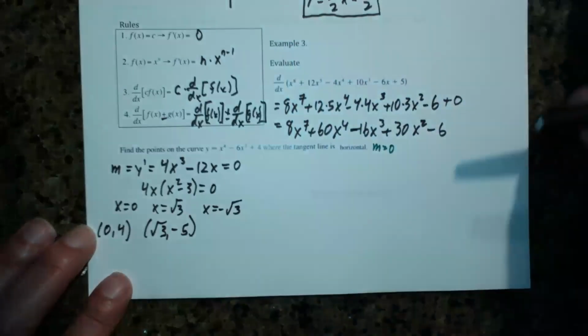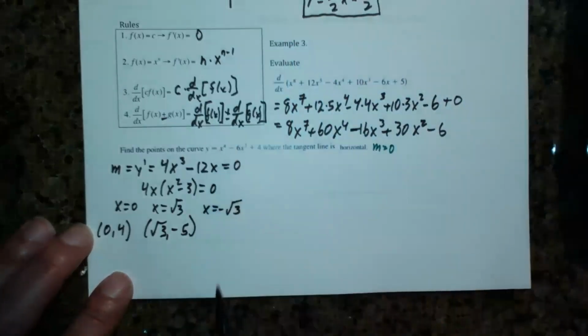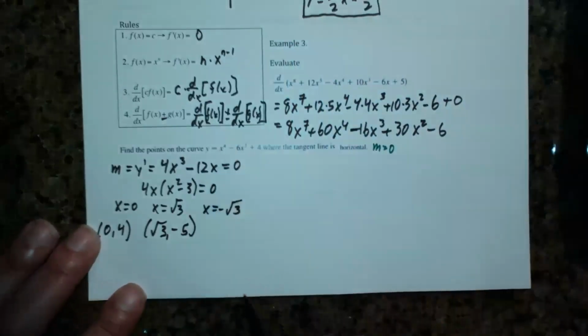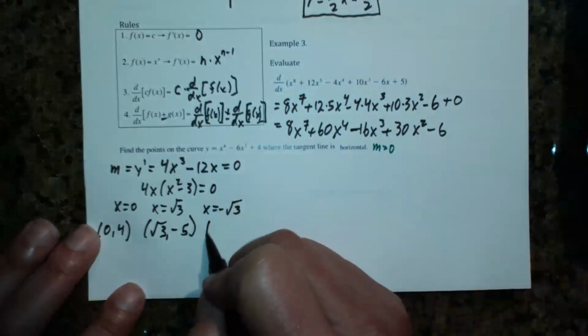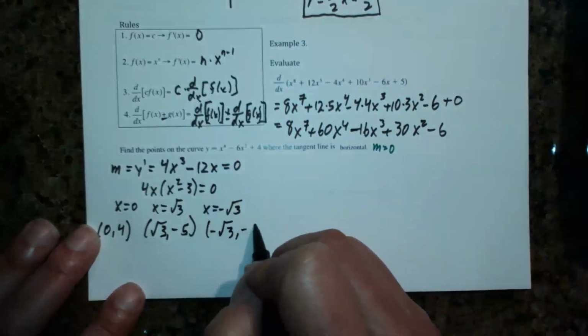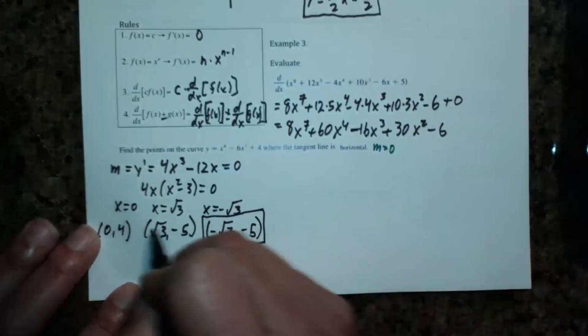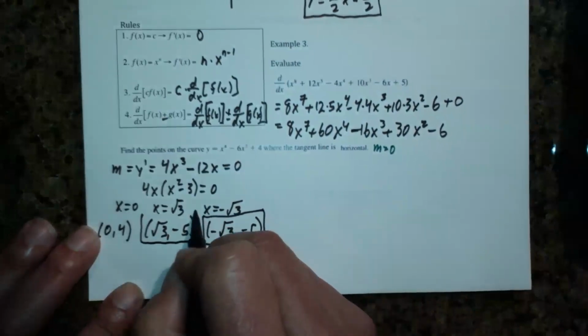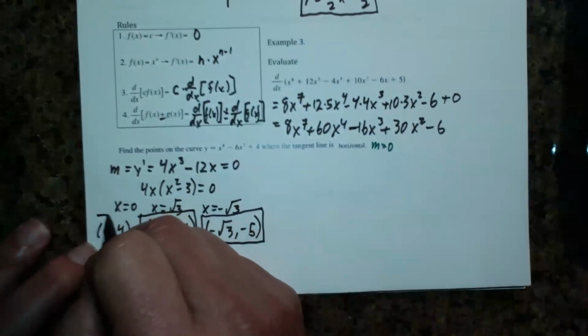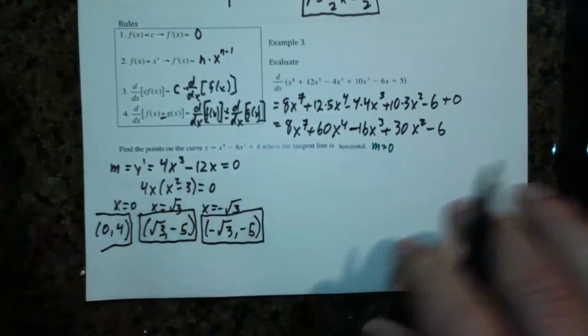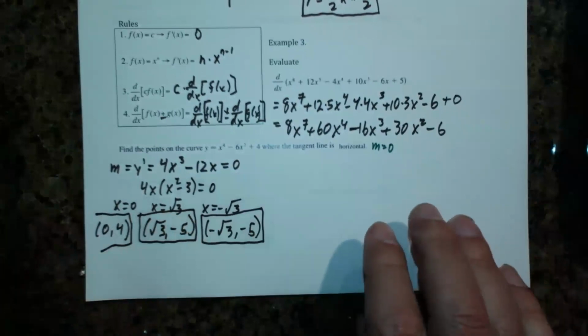And also -5. I actually knew that this is an even function, so we can tell right away. And so this is going to give us -root 3, -5. So here are 3 points where the tangent line has a 0 slope. All right, on to page 2.